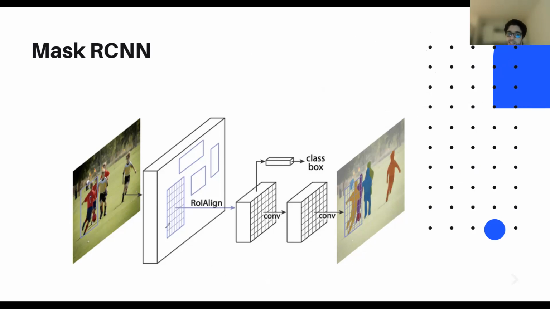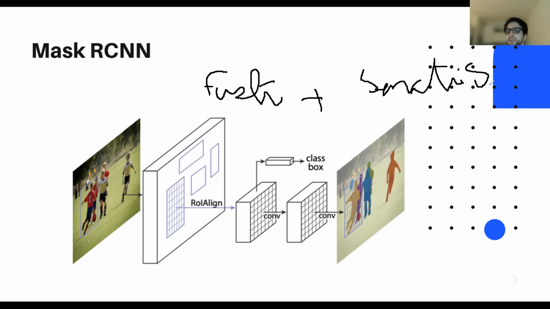So the Mask RCNN architecture is just Faster RCNN plus some sort of, let's say, semantic segmenter. We'll put a star here just because it's not exactly that. So again, how can we make an instance segmenter?